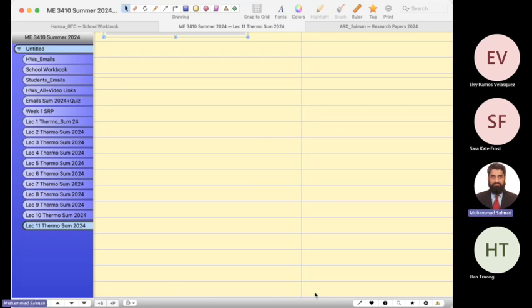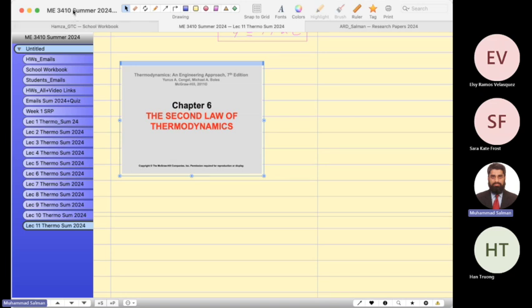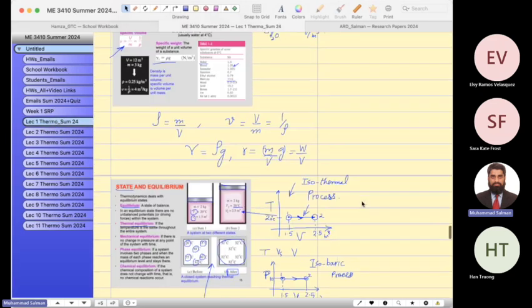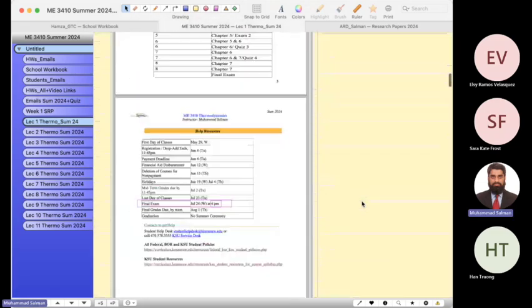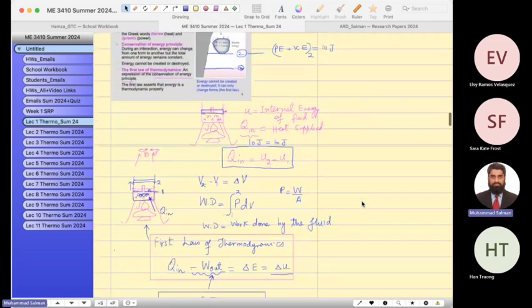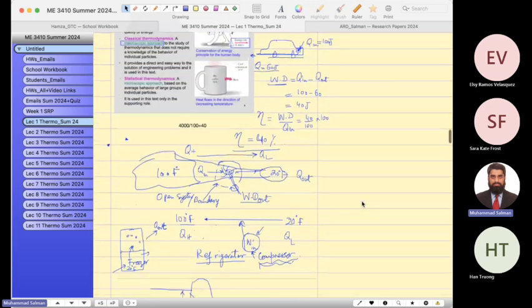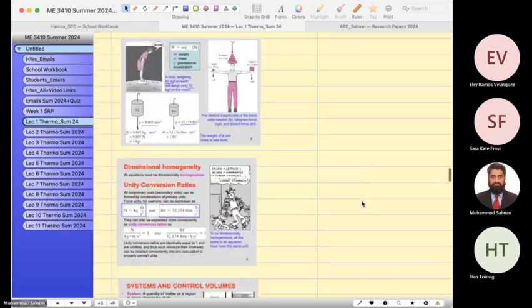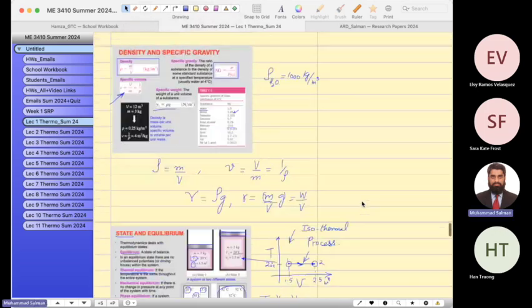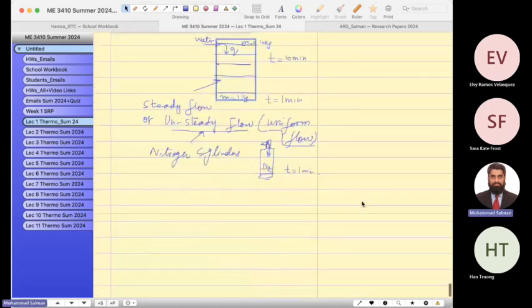In this chapter, we are going to learn about the heat engine and the efficiency of the heat engine. So let me go over to this chapter. The big picture: if you remember the first lecture, I alluded to the first law of thermodynamics, and I gave you some diagrams.